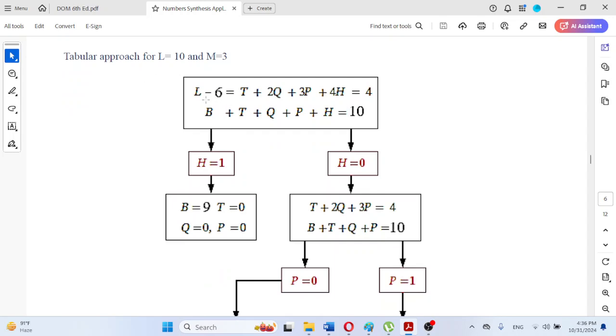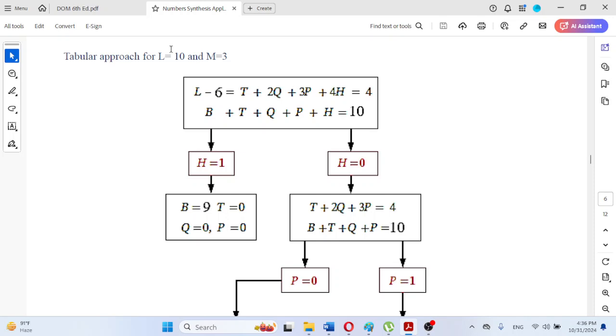So here we can observe that the same set of equations has been used, and I have already explained in another video for DOF is equal to 1 and L is equal to 10. So briefly I will again explain here that in equation 2.6 there is L minus 3 minus M, and M is equal to 3, so minus 3 minus 3 is L minus 6, so T plus 2Q plus 3P plus 4H.